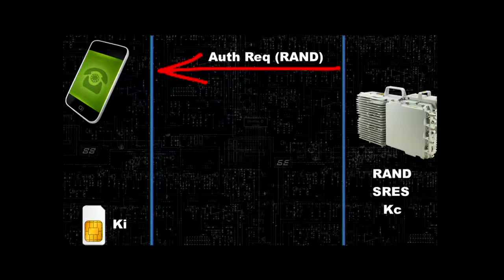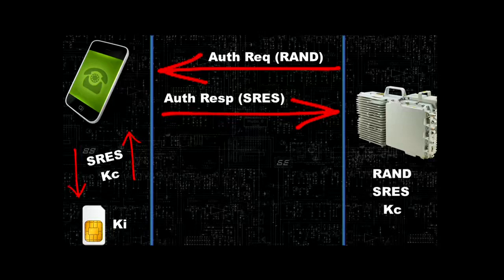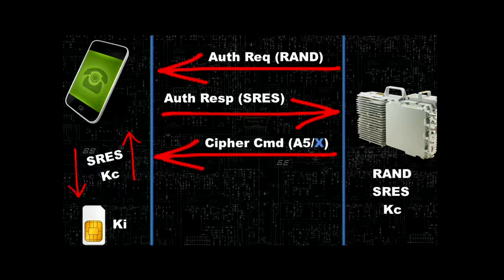The base station will transmit this random number to the phone, which then sends it to the SIM card, which returns two values, the SRES and the Kc, which the operator checks to identify the subscriber.